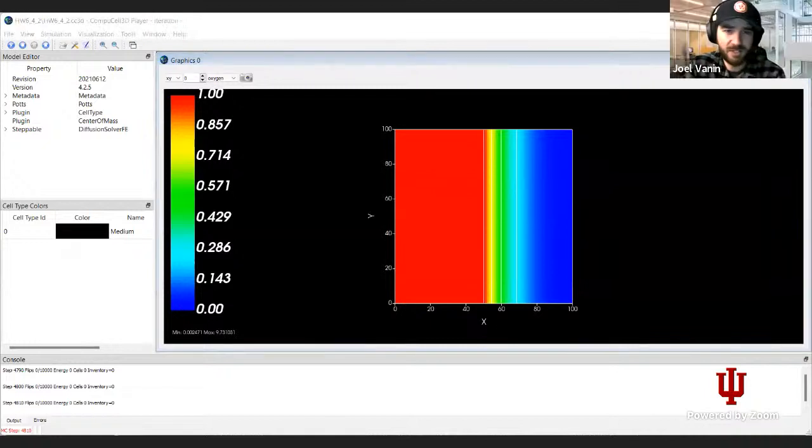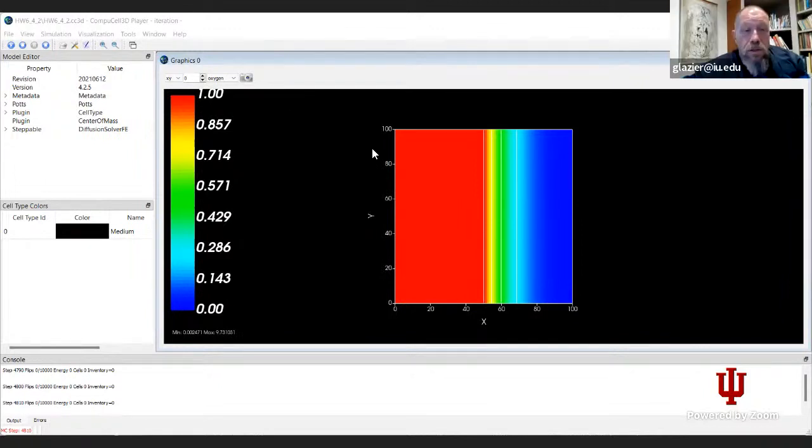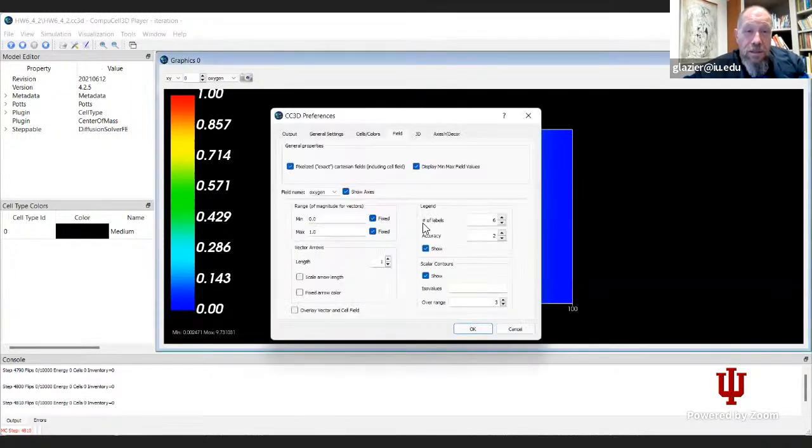I don't know why your max distribution is going nowhere. Hold on a second. Let me try something. I don't think it does that in my other simulation. Well, so you might want to change the color bars so that you could see the gradient.